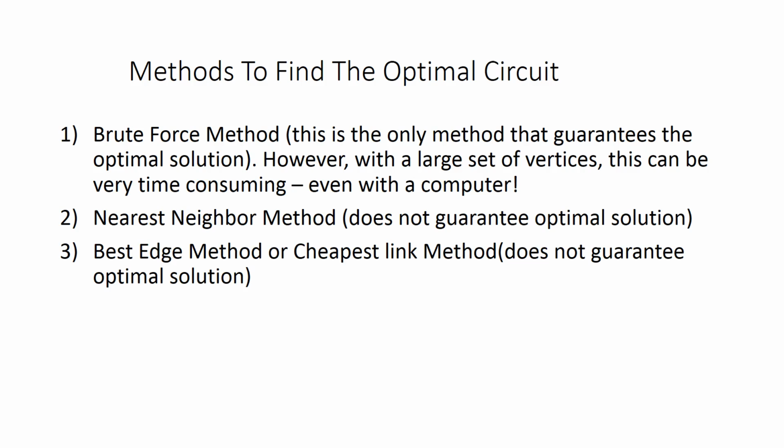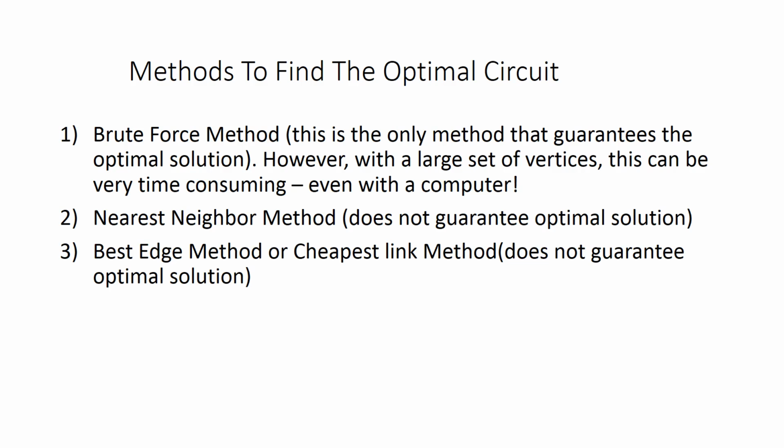However, with a large set of vertices, this can be very time consuming even with a computer, because with the brute force method, you're going to have to list all the Hamilton circuits, add up the weights for each one, and then find the cheapest total weight. We're going to do an example of this on a smaller set of vertices. But there is a slide that tells you how time consuming this is, and we can talk about that a little bit more later.